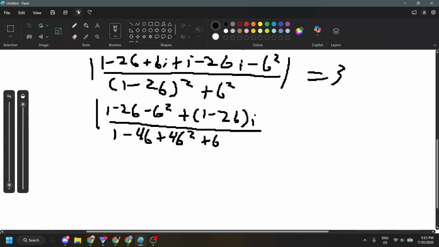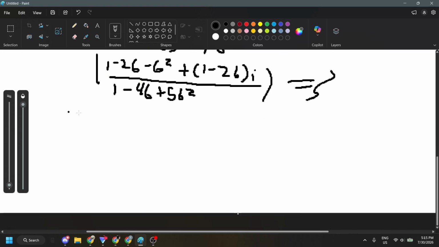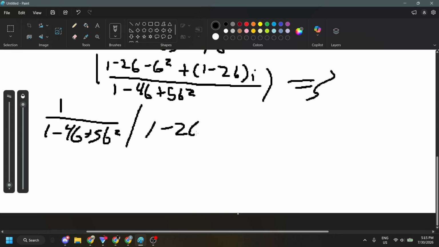So this is just 5b squared. Now we can take out this part, because this is already a magnitude, there's no complex part. So we have 1 over 1 minus 4b plus 5b squared times 1 minus 2b minus b squared plus 1 minus 2b times i, is equal to 3.